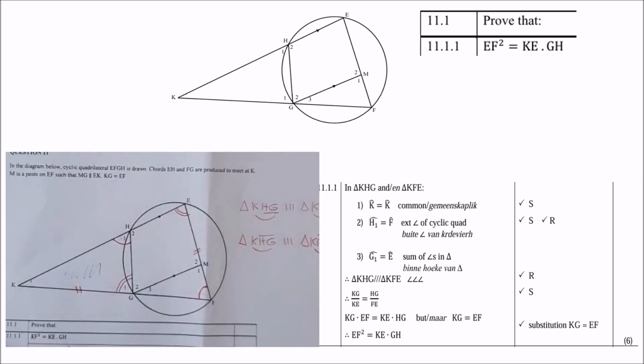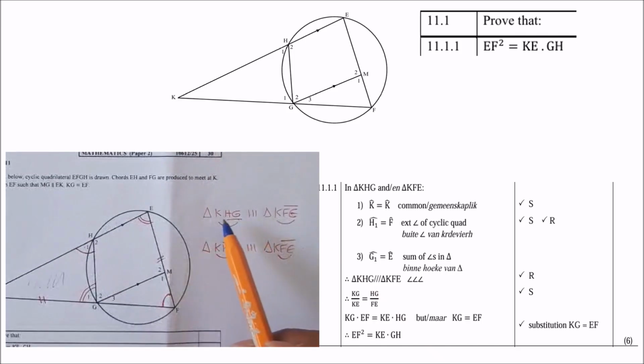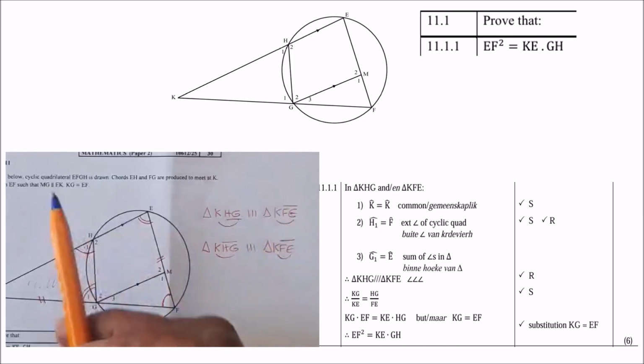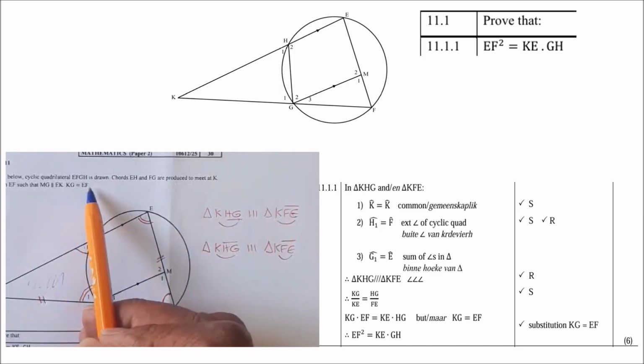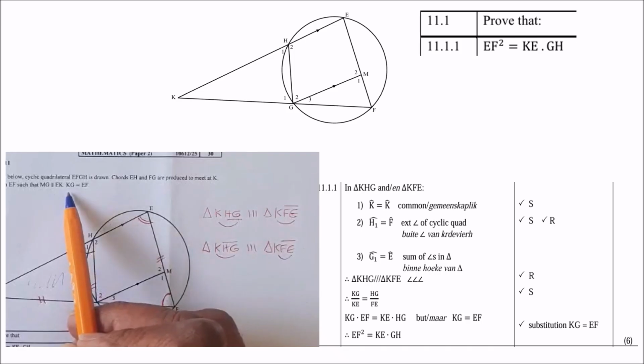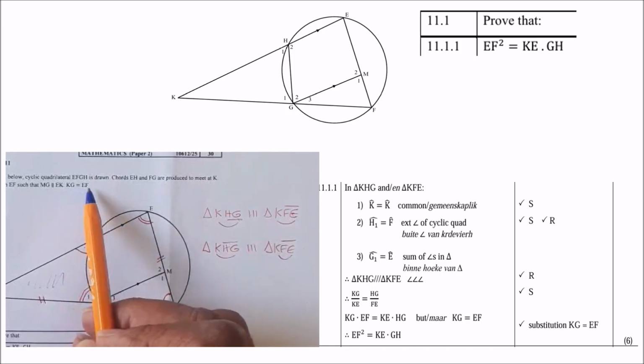If you look at triangle KGH and the big one KFE, you will pick up those values: EF, KE, and GH will all appear there. Also, don't forget that KG and EF are equal, so they don't have to appear there. You can just replace them. That's why I chose those two triangles.